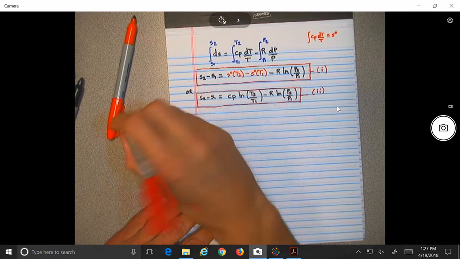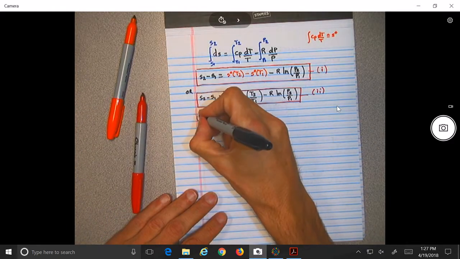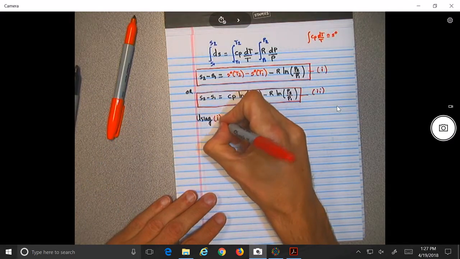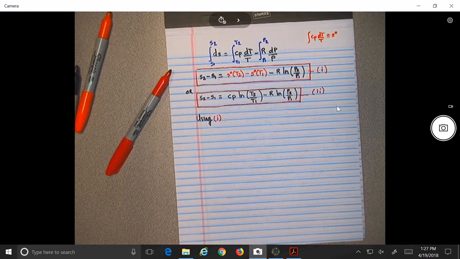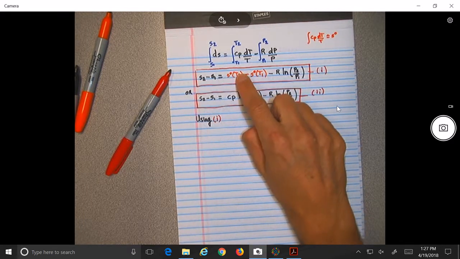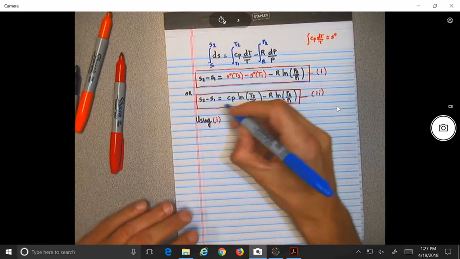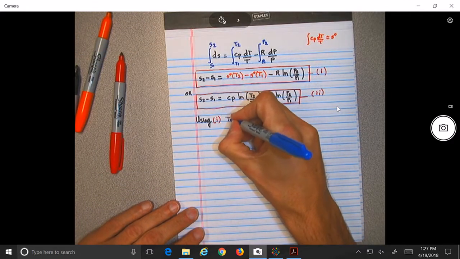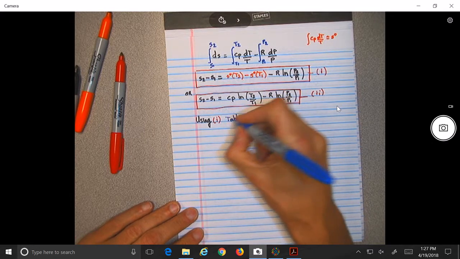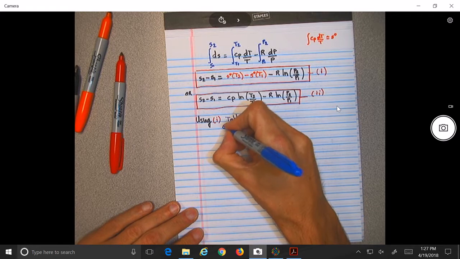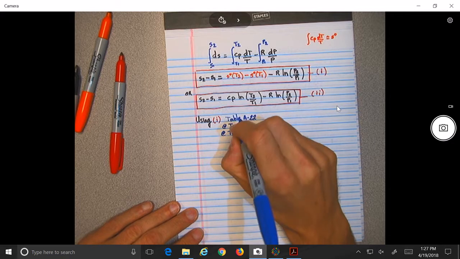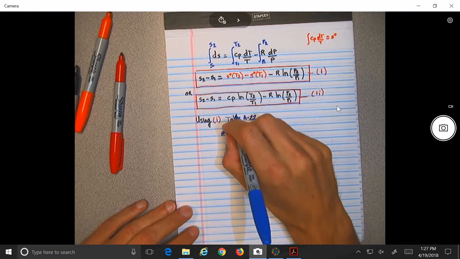So using the first one, from where do we get these values? From the table, no? What was the table? Table A-22. And we had at T1 equal, what were the temperatures? 970 and 670.